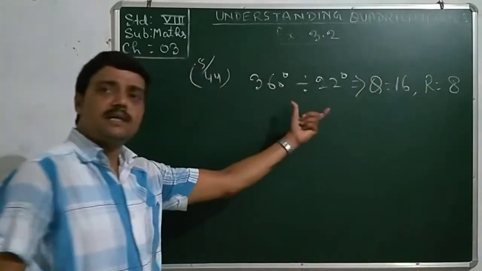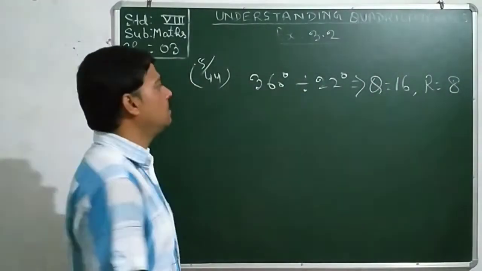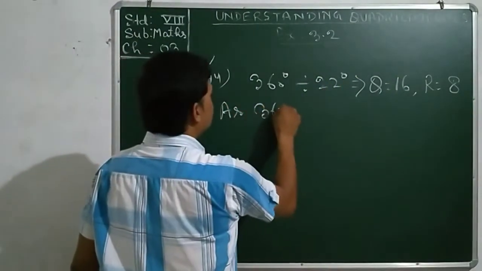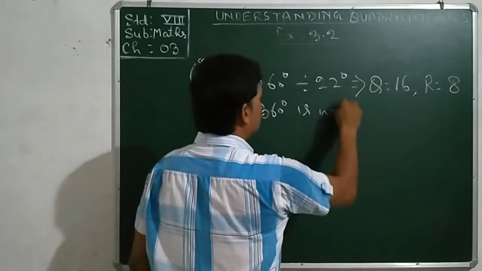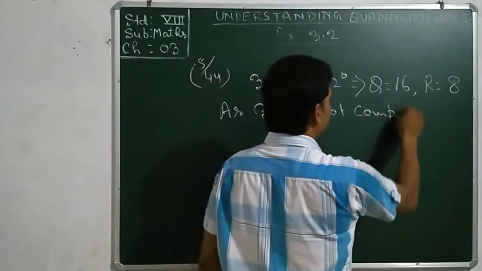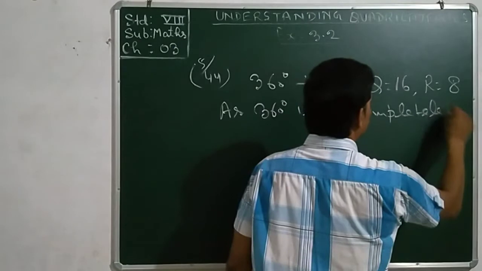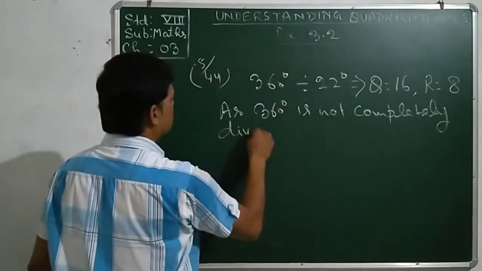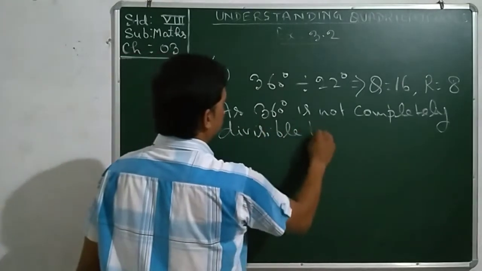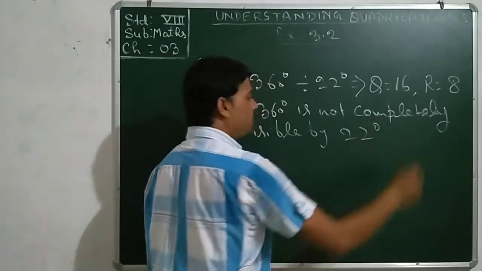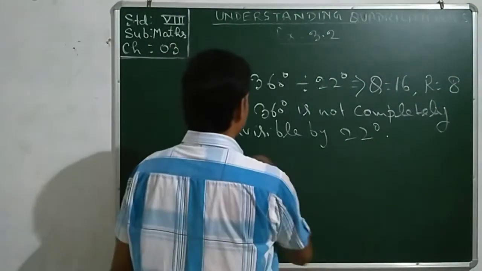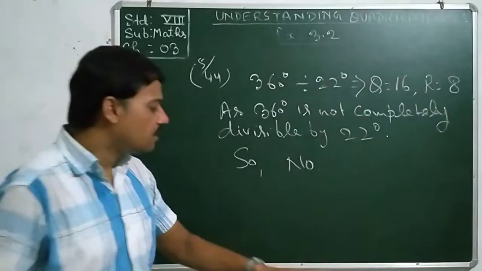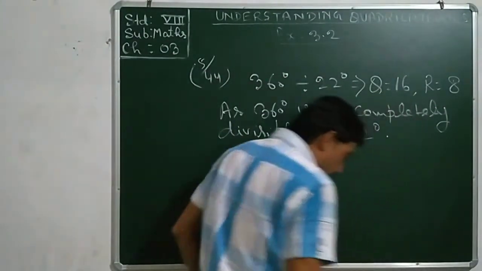That means this number is not divisible by 22, as 360 degree is not completely divisible by 22 degree. So no, we can't.